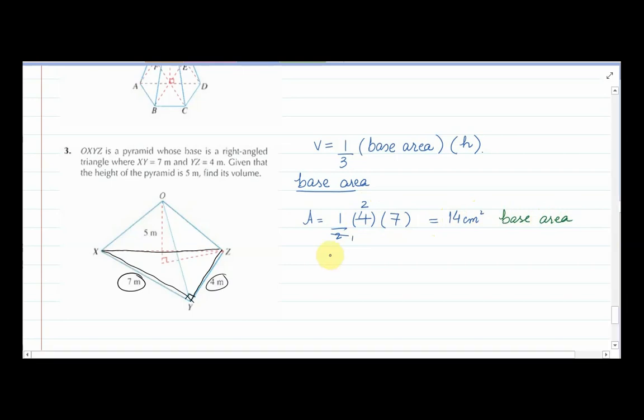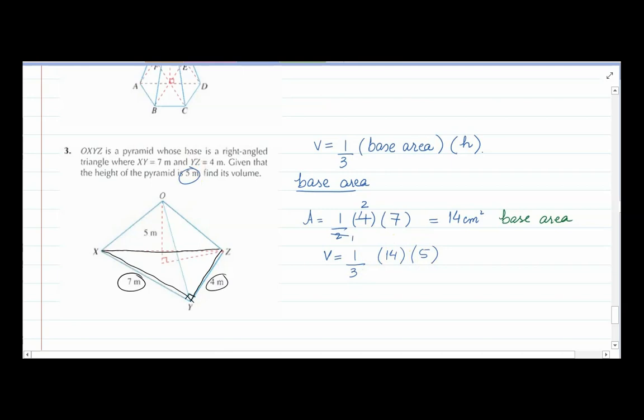Moving on to the main expression of volume, it says 1 over 3 base area is what? Base area is 14 and height is what? Height of the pyramid is known, it's 5, right?